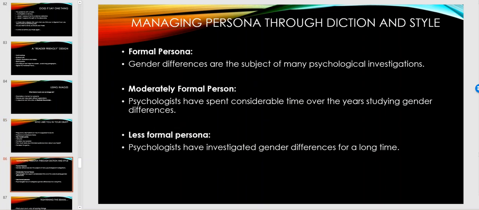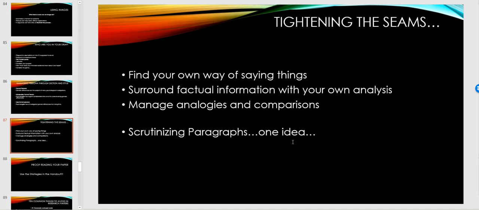Look at your type of persona that you would like to present in the draft. Okay, and here we have three different types of persona and diction where you can choose how formal or informal you wish to present your information. Some of this has something to do with your topic. Okay, so the idea here is look at your diction and also your persona, who you are in the draft.